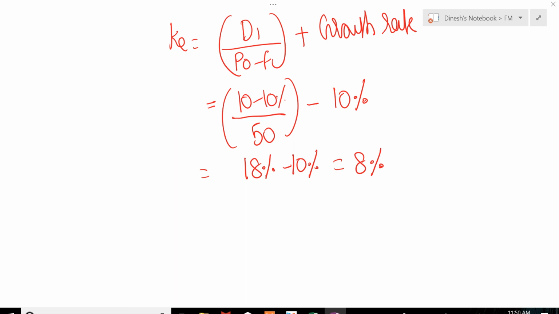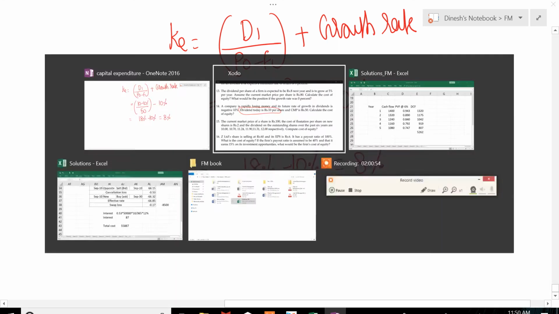The growth can be positive, can be negative. In this question, it is negative growth. So 18 minus 10 percentage, 8 percentage. Any doubts?